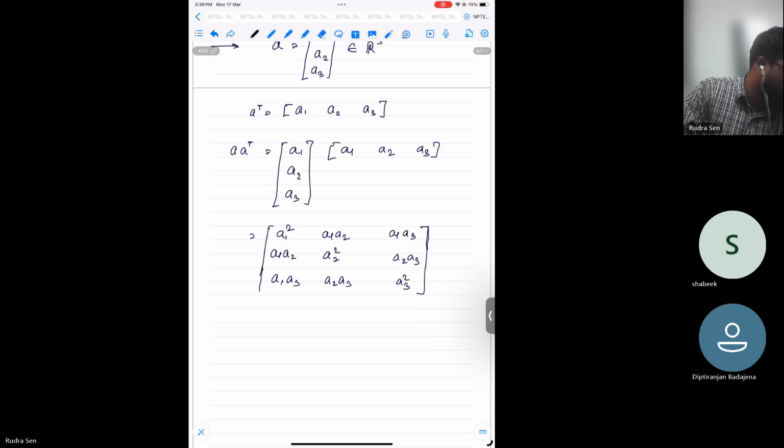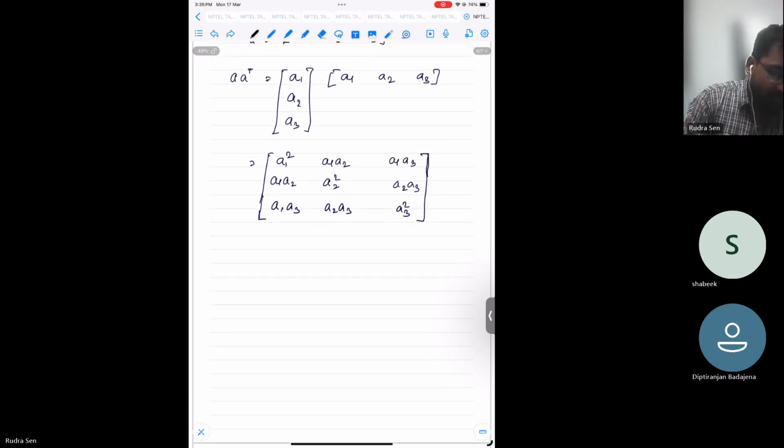So you get a matrix like this, right? So you can see that the rank of this matrix is always 1. It will always be a rank 1 matrix.